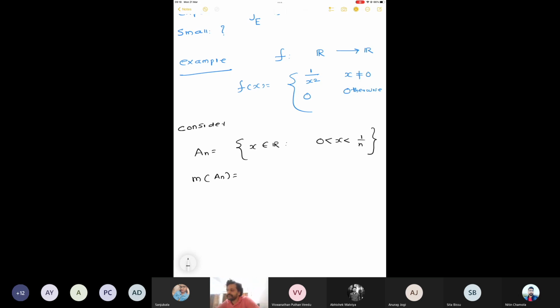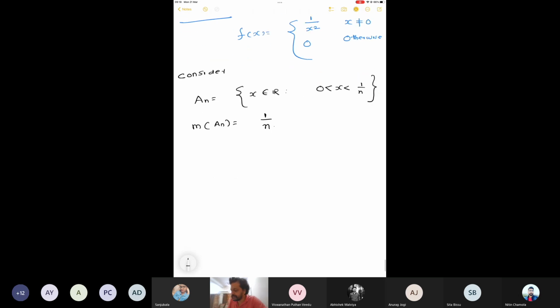What is the measure of A_n? 1 by n. It is an interval, so measure is length. So if n is large, measure is small. Measure of each A_n is small. Now let us look at the integral over A_n of this function, mod f dm.